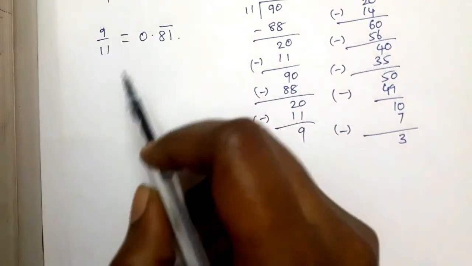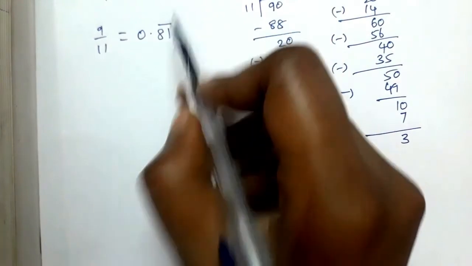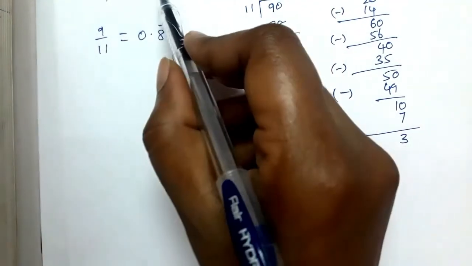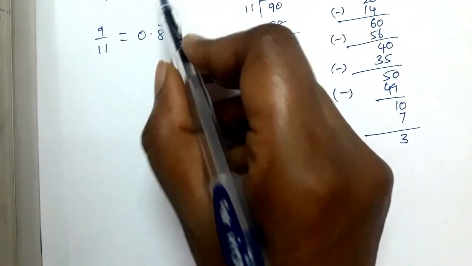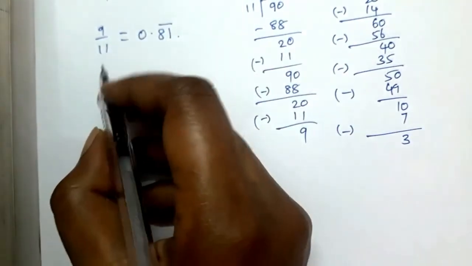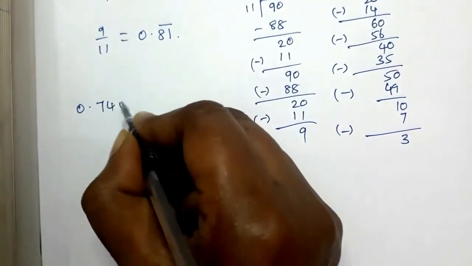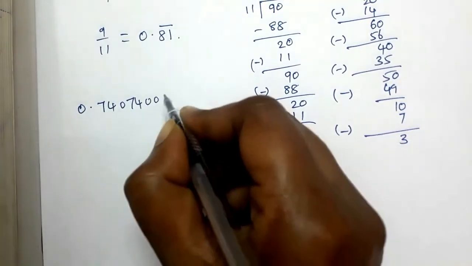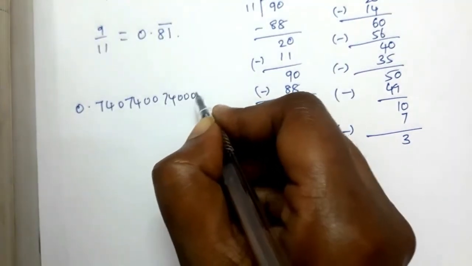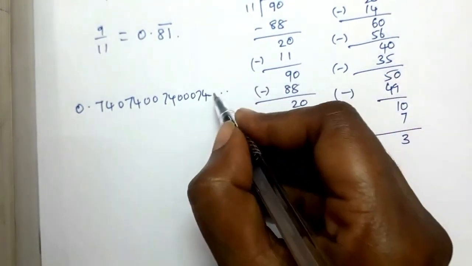Now we need to find 3 irrational numbers between these 2 numbers. Here the first decimal place starts at 7, here 8. So we can write 0.74007400740074 and so on.